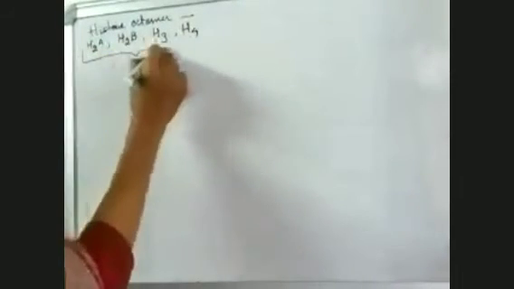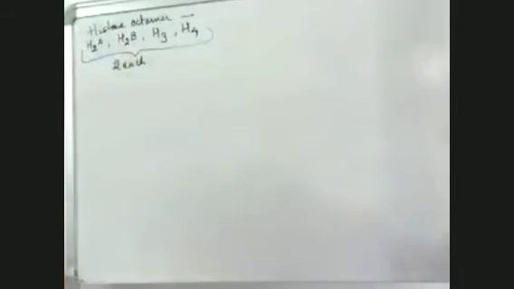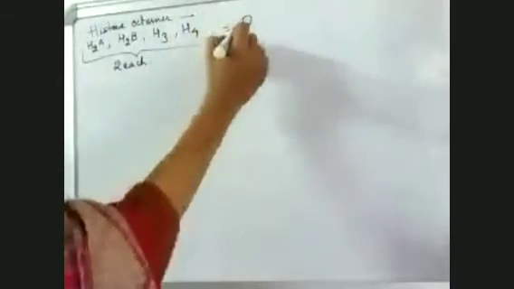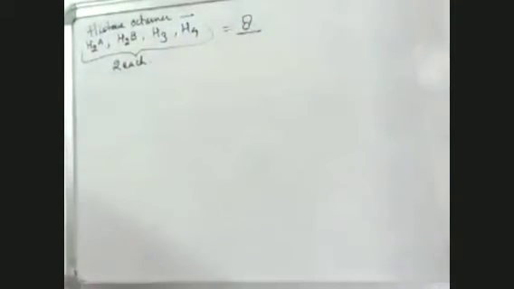Then H3 and H4. And all of these are 2 each. So these histones are 2 each and thus they form 8 in total. They consist of histone proteins, so they form the histone octamer.